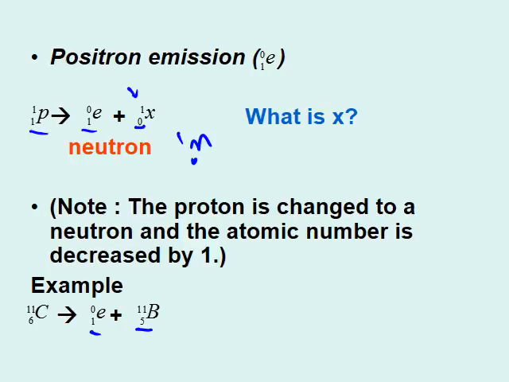So how do we identify an element? By looking at the bottom number. That's the number of protons, which is a very characteristic feature of an element. So once you find the bottom number is 5, look at the periodic table and you know that atomic number 5 means boron.